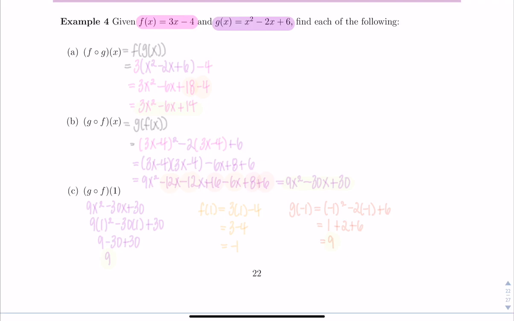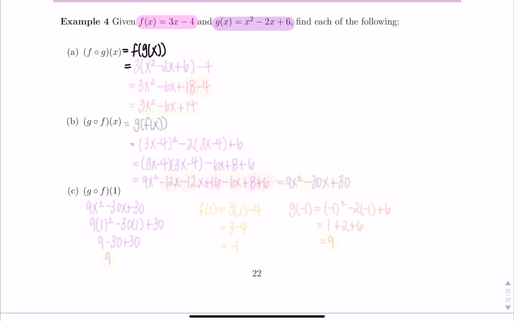So f of g of x, this is like f of g of x without the little circle. So I'm plugging g of x into f of x. So wherever I see an x, I'm going to plug in g.